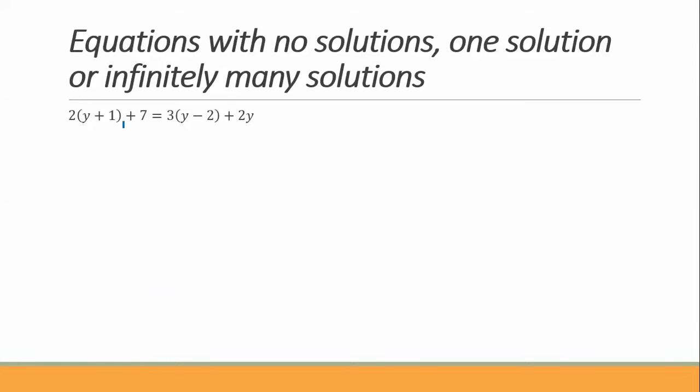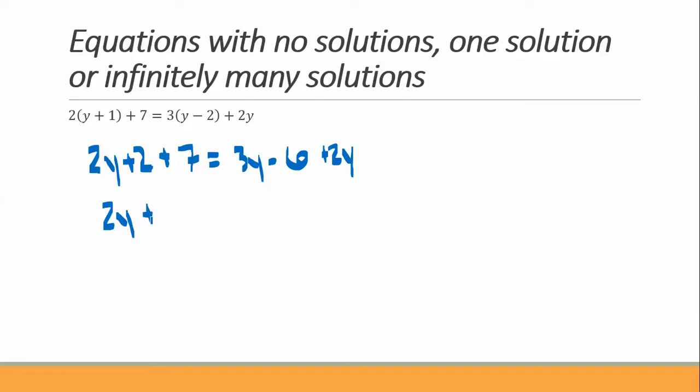Okay. Distributing, we have 2y plus 2 plus 7 equals 3y minus 6 plus 2y. Now combining like terms, we have 2y plus 9 equals 5y minus 6. Now we can subtract 5y from both sides.